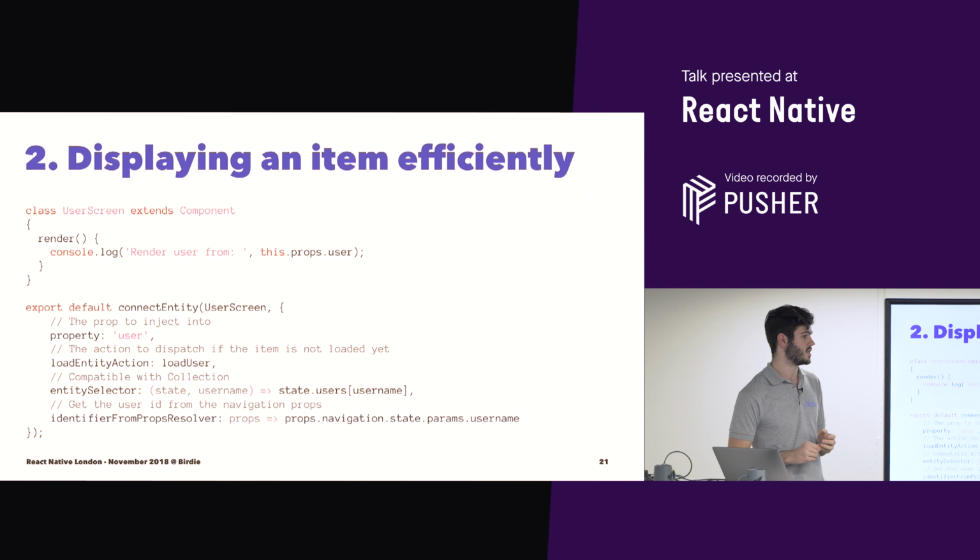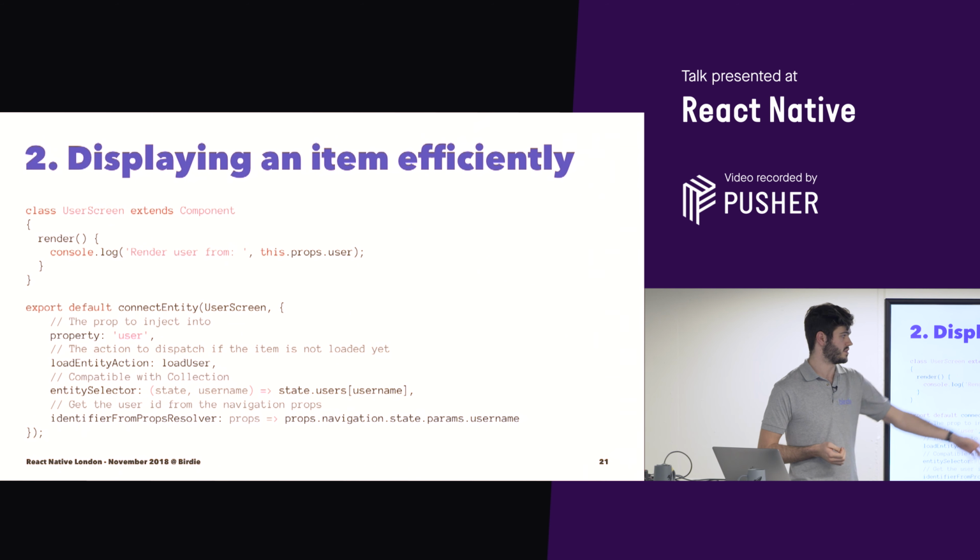The interesting part is what we use instead of the connect HOC that we all know and love from Redux. Same thing, just provide your user screen or the component you want to wrap, and then a config object. This config object would be the property you want to inject your item into. So basically, this is props.user.